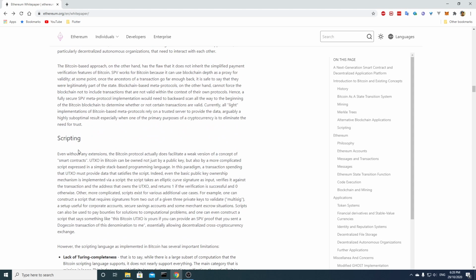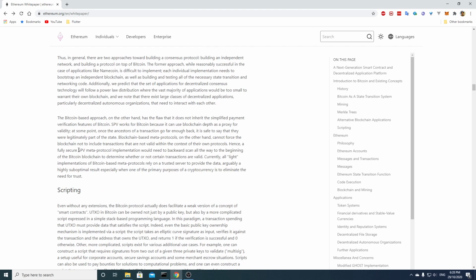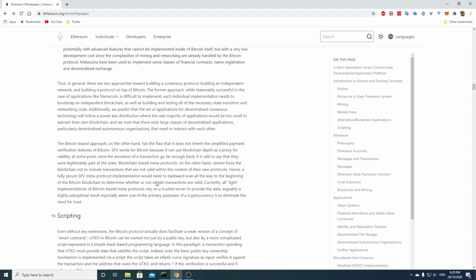So that's actually a very big problem. It means that you can't have a light node. You can't have a node that only relies on the Merkle tree and these light proofs. You will actually either need to trust a third party, because SPV would not work.